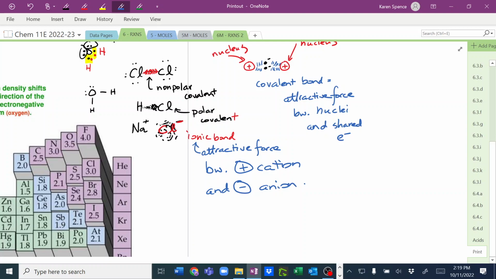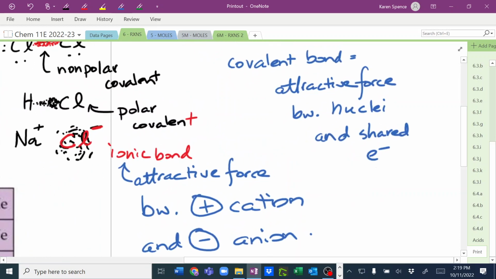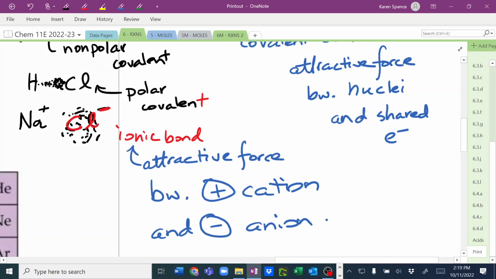Yes? So if we had to label our two ends of the hydrogen chloride, what would we label the hydrogen? What's that letter? Delta. It's a lowercase delta.